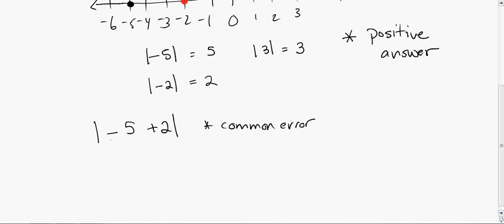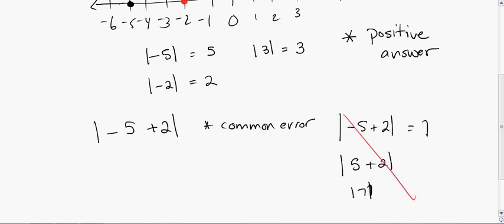Well, let's just make this all positive. And so the common error would be to say, oh, -5 plus 2, what's the absolute value of that? Well, I'm going to make everything positive and then add it together. And oh, the answer must be 7. But this is wrong.